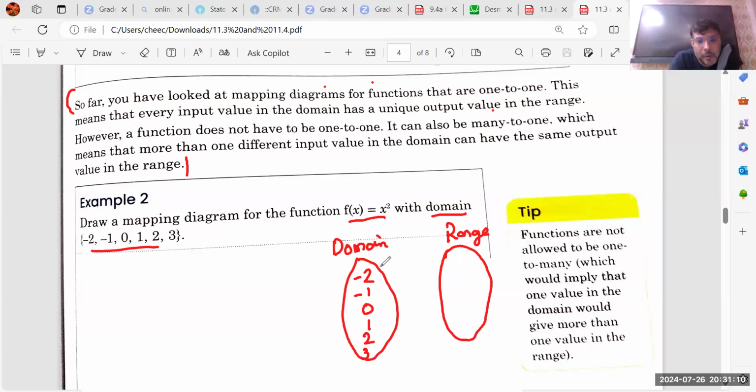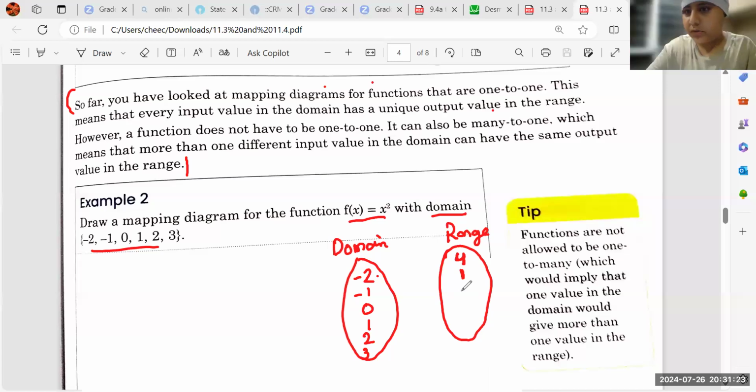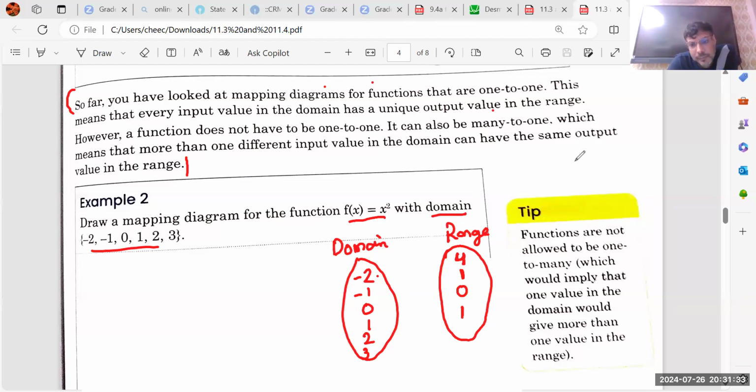So when I put -2 here, what will I get? Sir, 4. When I put -1, 1. When I put 0, 0. And when I put 1, what will I get? 1. When I put 2, 4.